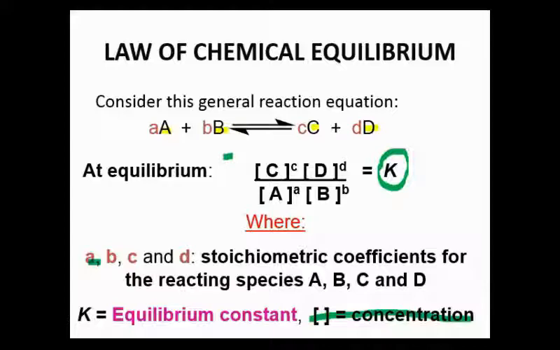For example, the product C: the concentration of product C raised to the power of its stoichiometric coefficient, which is small c, times the concentration of the product D raised to the power of its stoichiometric coefficient, the small d.